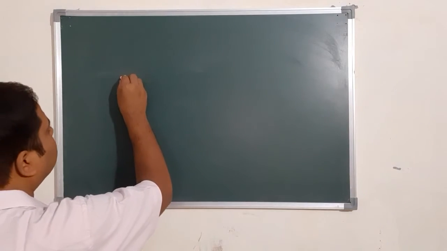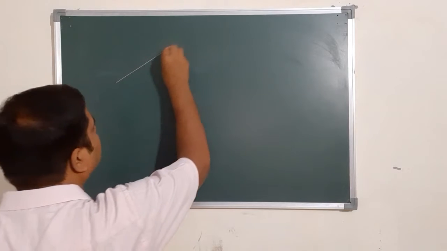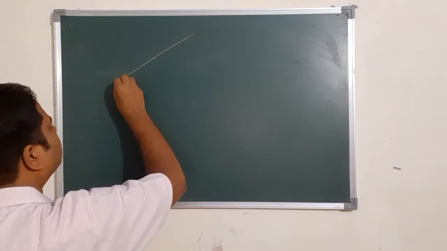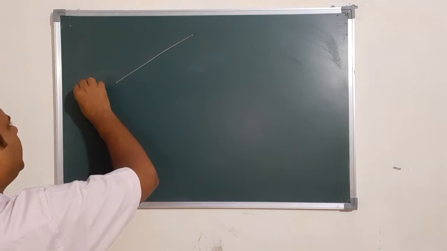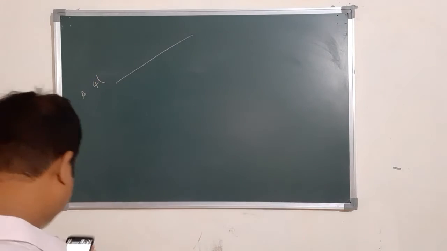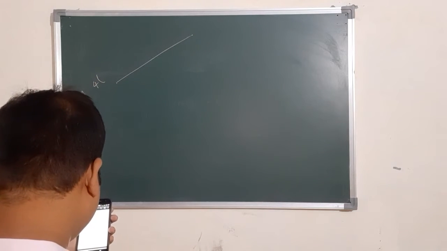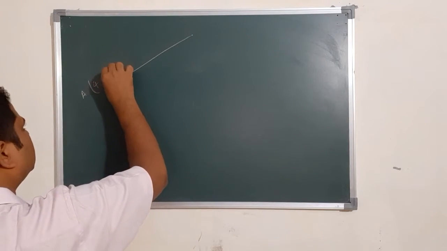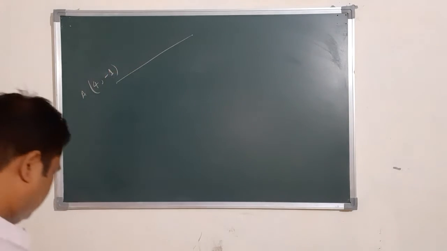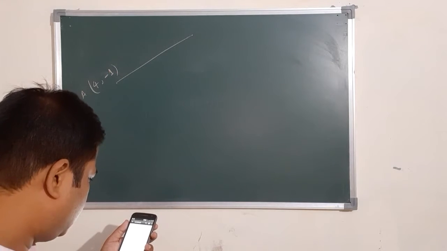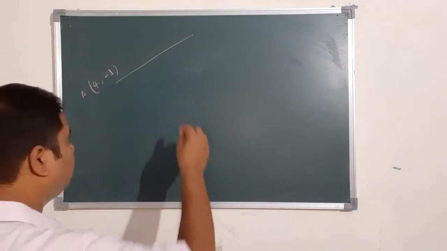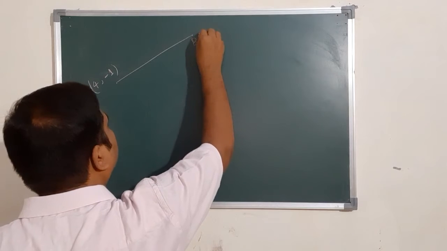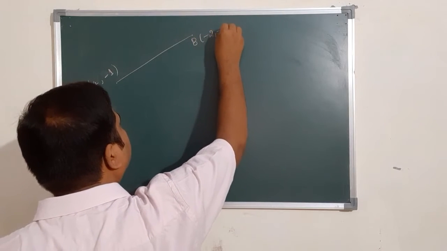So we have given a line, the first point is (4, -1) and the second point is (-2, -3).